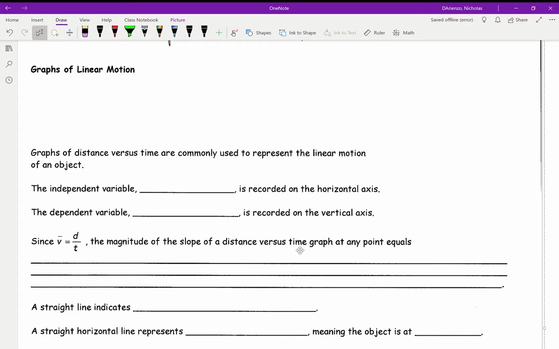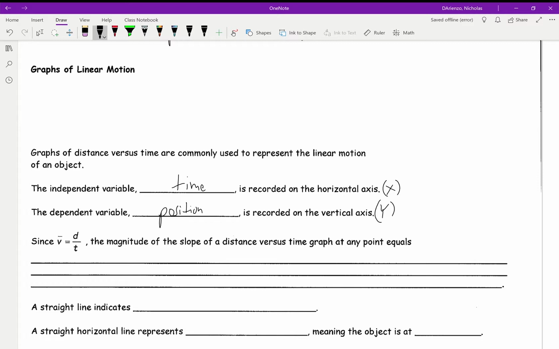When we use graphs of linear motion, we always represent time, which is our independent variable, on the horizontal axis, on the x. Which means the dependent variable, what we're recording, is the position. That'll go on the y.